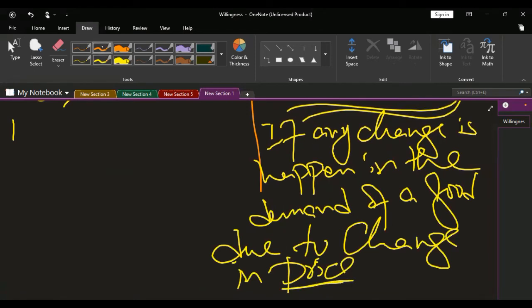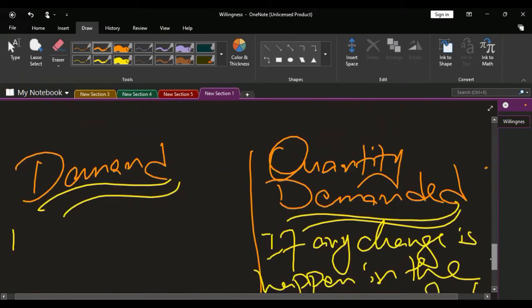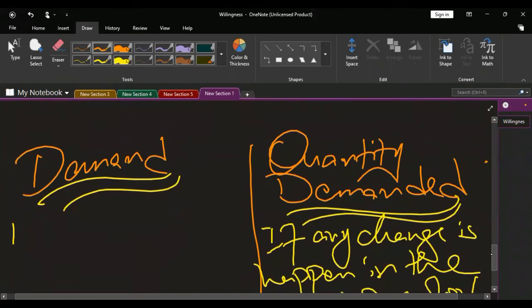So the main thing is price. If any change has taken place due to the change in the price of the product, then it is called quantity demanded.